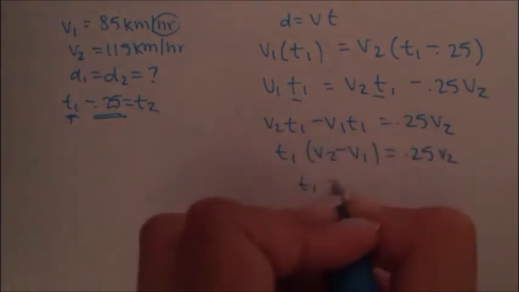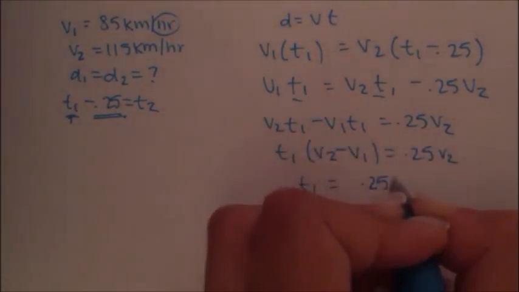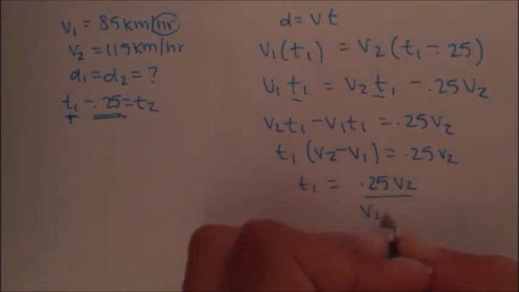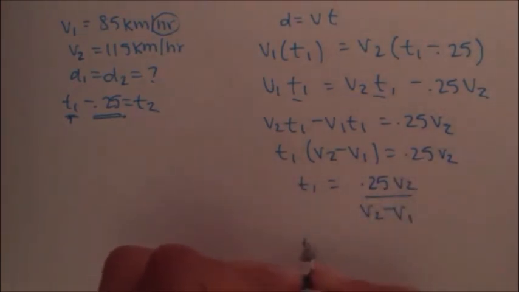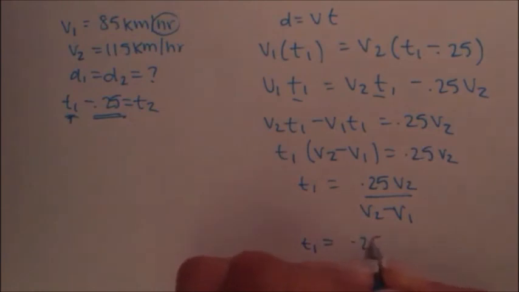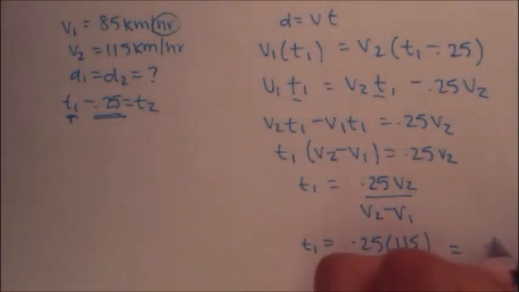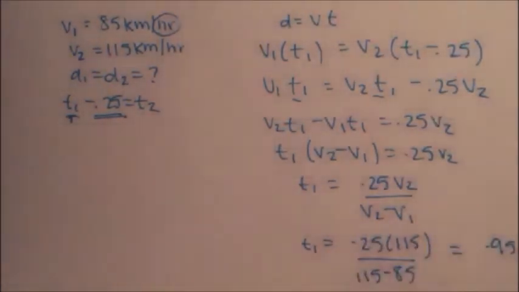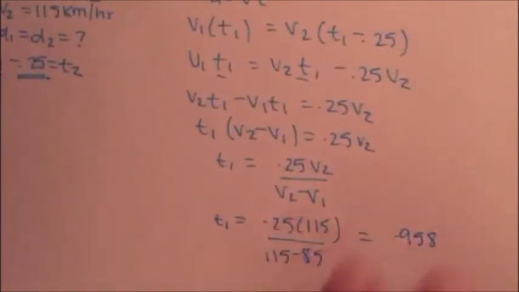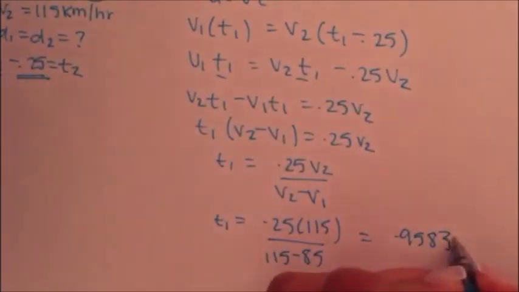So the time of car 1 is going to be this, and if we plug in our values, 115 over 115 minus 85, which is going to give us a time of 0.9583 hours.